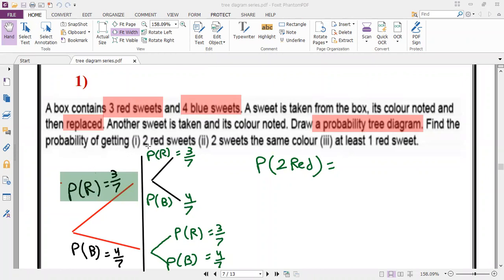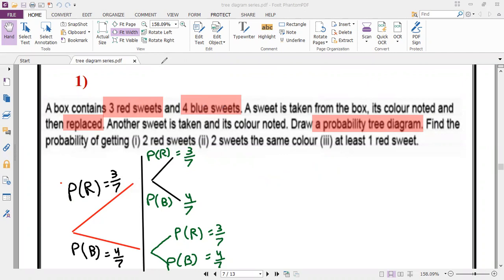And the probability of getting a red sweet again is 3/7 of the probability of the first one. So what is the probability of getting 2 red sweets? We have 2 probabilities here. We are going to multiply them. Do you know why? I'll tell you.